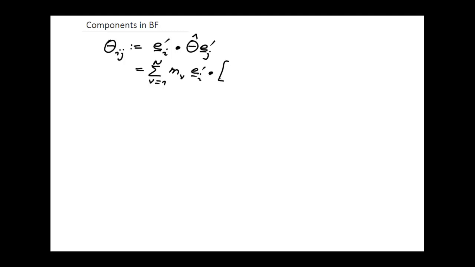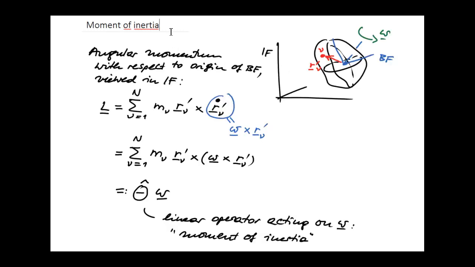Now, the moment of inertia acting on the basis vector gives r nu prime vector product with e_j prime vector product with r nu prime. So if you compare the last line with the line before, you see the definition of the moment of inertia.